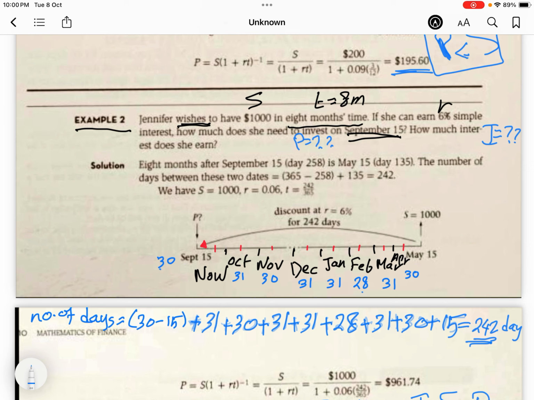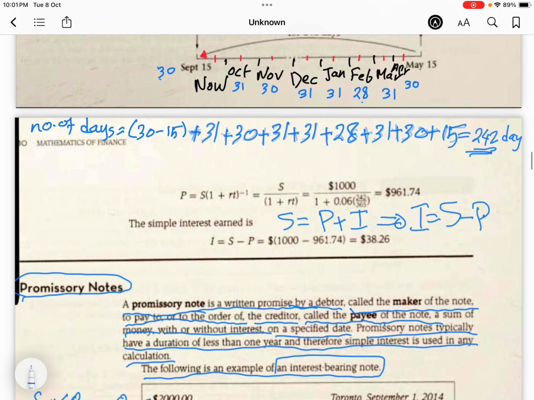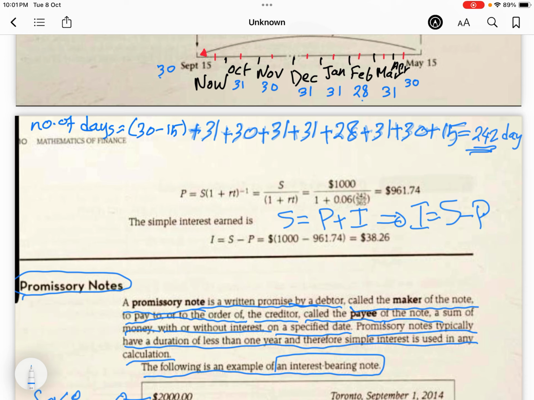Notice here that February has 28 days, since we don't know whether the year is a leap year or not, and it doesn't say that it is ordinary. We calculated 242 days, and after calculation we have B equal 961.74.